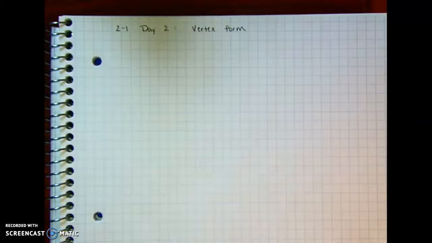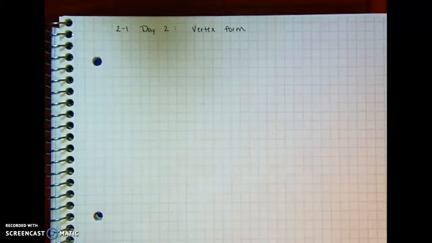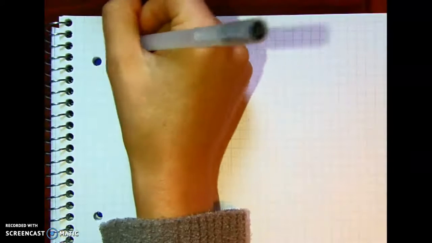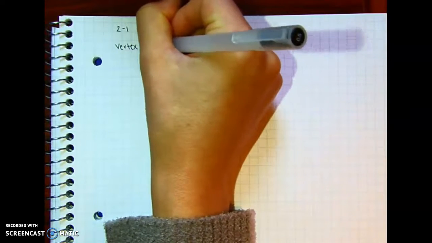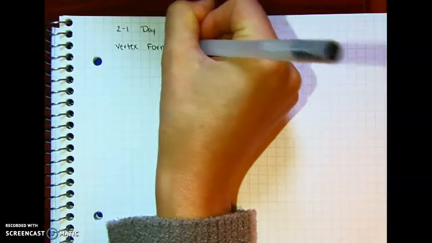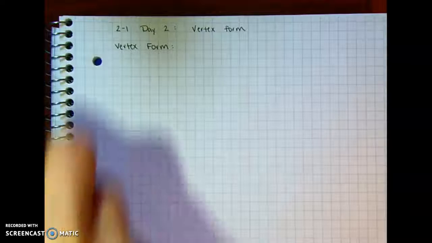Hey, Algebra 2. Today we are going to be talking about Section 2.1, day 2, vertex form continued. So let's just quickly recap vertex form. You should know this by heart now.